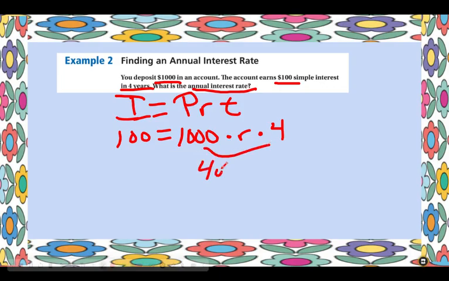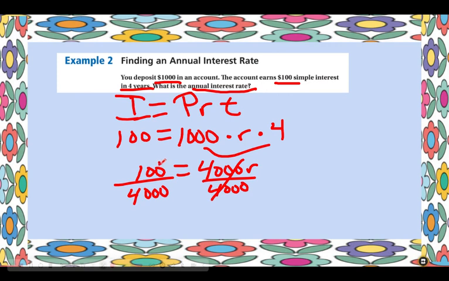So that's 4,000 times R equals 100. We need to divide by 4,000. Remember, 0 in the numerator, 0 in the denominator, it's like dividing by 10.